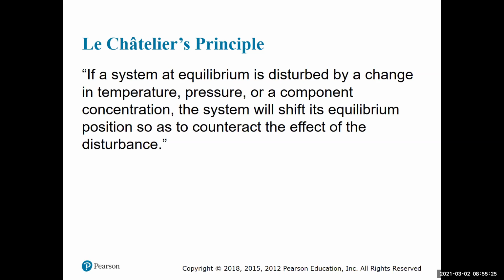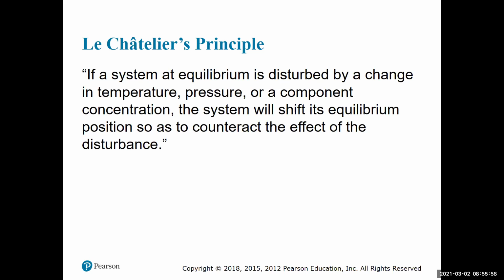So all this is saying is if you have one of these changes, the system is going to react to try and get back to how it was before. Because remember, we said that equilibrium is just a term to describe how the system wants to be, okay? And so if something happens to disrupt it, the system's going to react to try and get back to that state of how it likes to be.